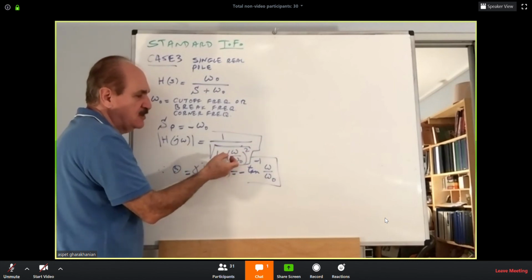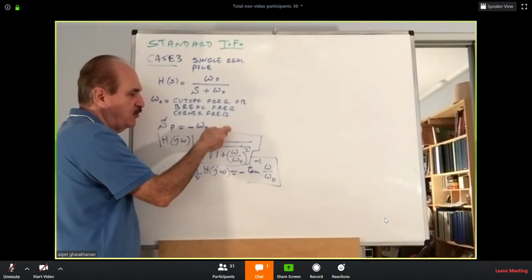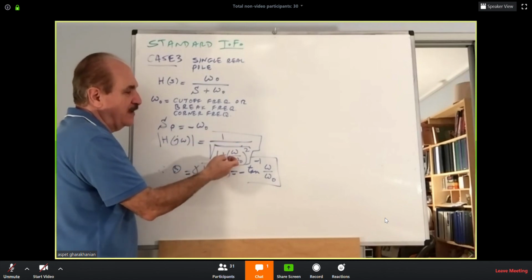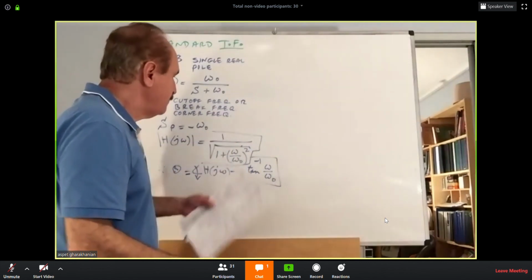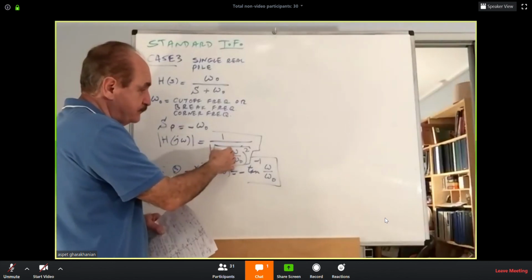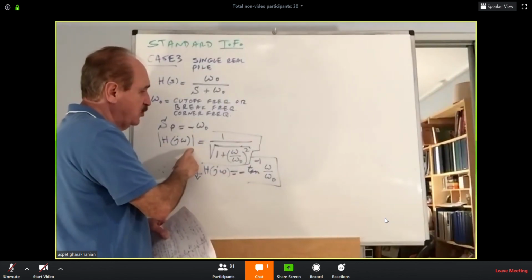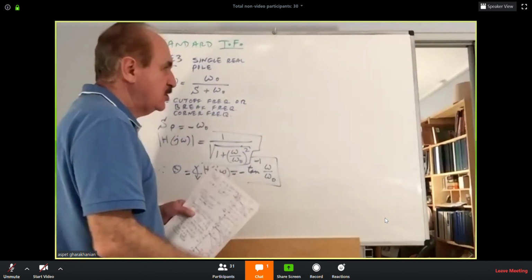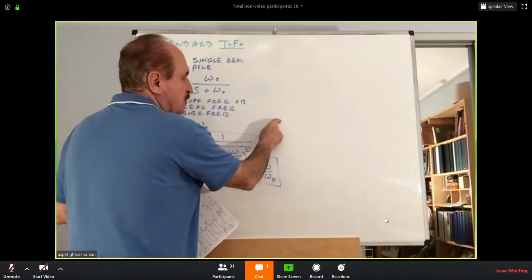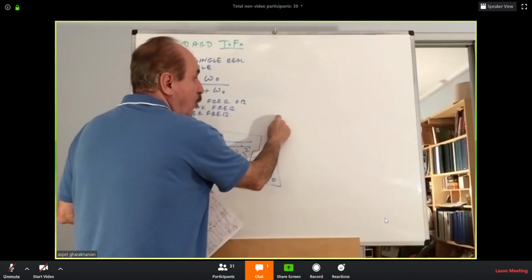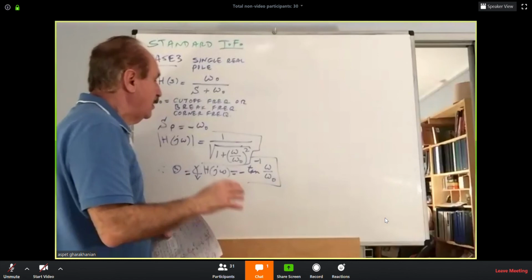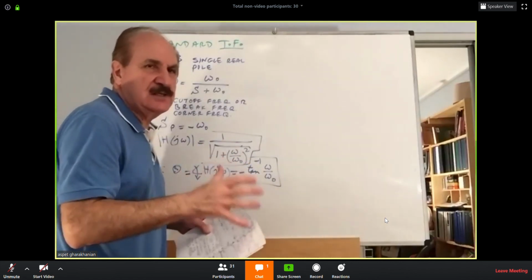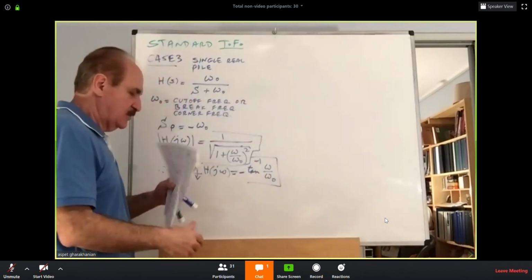If you square root that, omega O will go to the top, omega will stay at the bottom. You'll get omega O over omega, 1 upon omega. So you will see that the relationship between H of j omega and the frequency will be an inverse relationship, very similar to 1 over s, where for s we got j omega. So at high frequencies, this thing is going to work almost like an integrator.